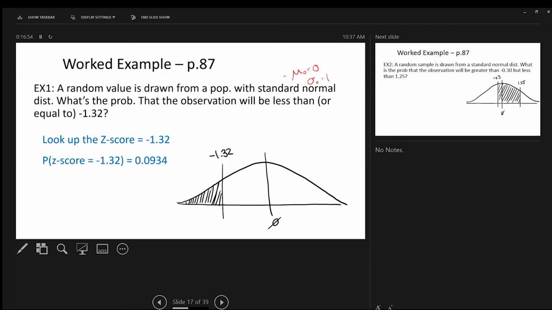So what's the probability that the observation will be less than or equal to negative 1.32? That's our z-score. So I can just look up on the table negative 1.32. And when I do that, I find that the probability is 0.0934.